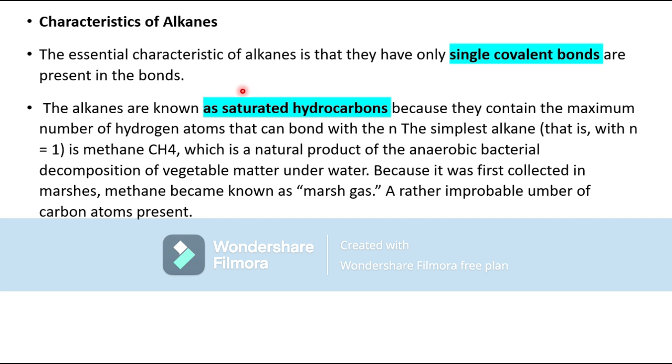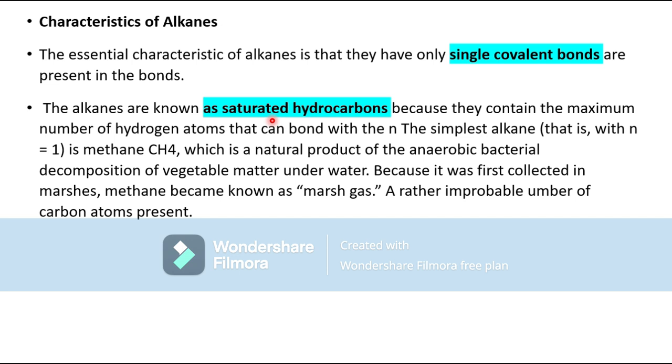Alkanes are known as saturated hydrocarbons because they contain the maximum number of hydrogen atoms that can bond with the carbon. The simplest alkane is with n equal to 1, which is methane, as we have discussed earlier.